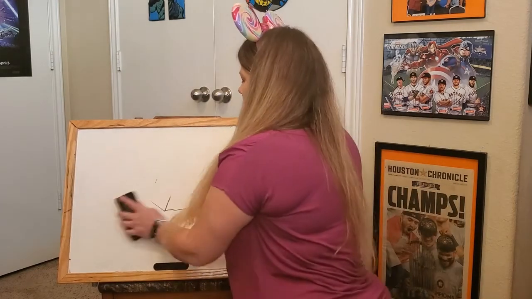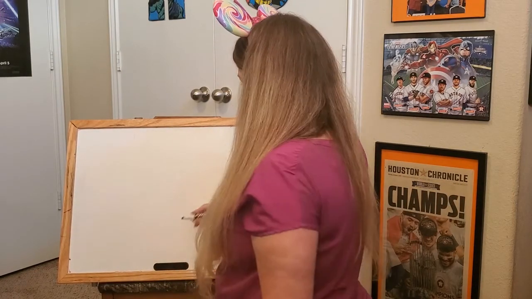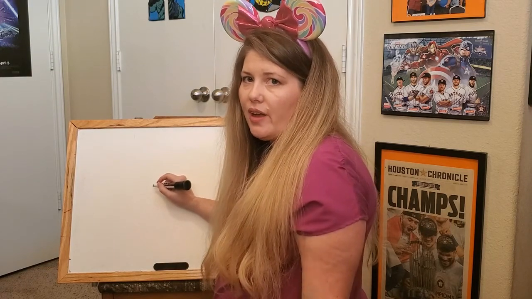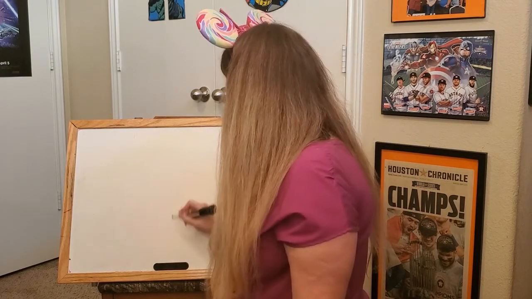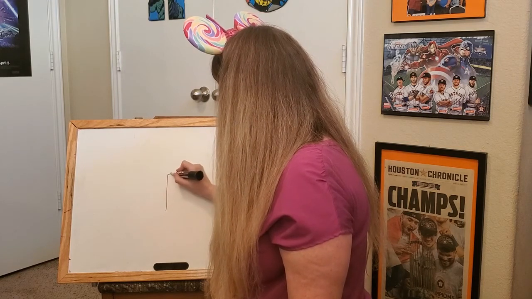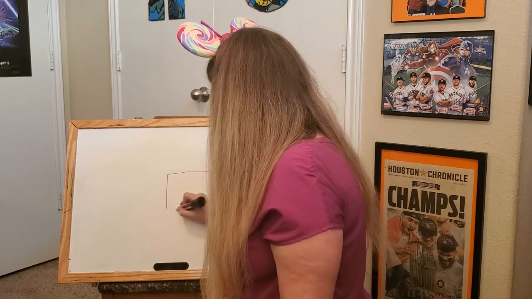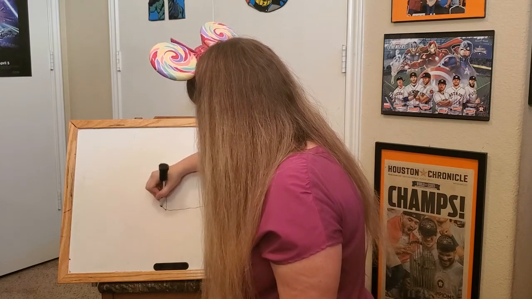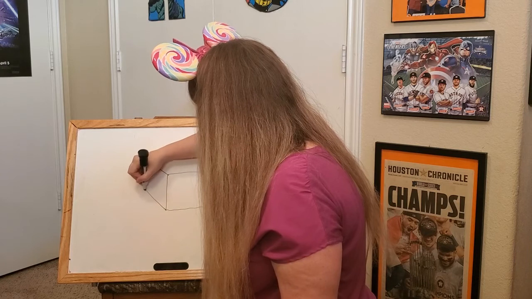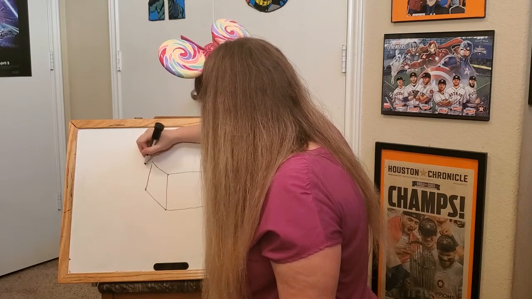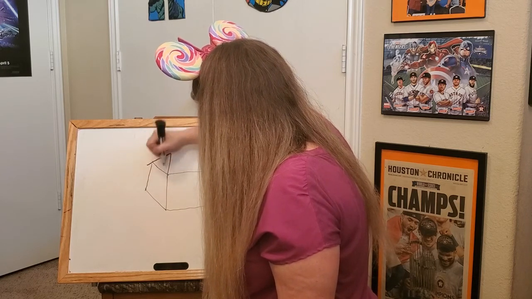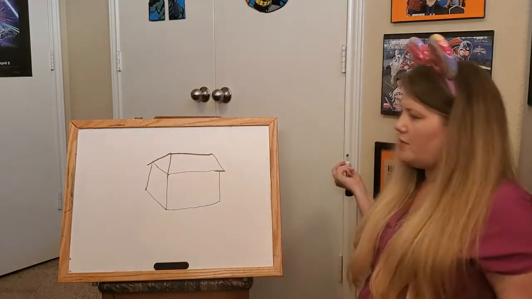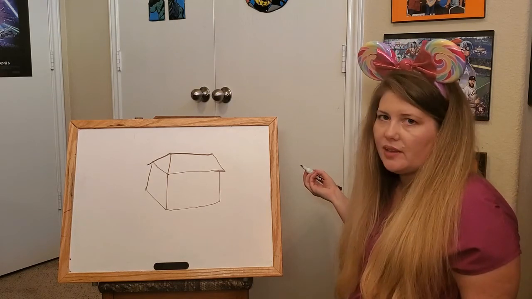So if you want to make a house, you can think that's basically a rectangular prism and a triangular prism on top of it. So if we had that and that, then we want our triangular prism over here. We have the basic shape for a house and things like that.